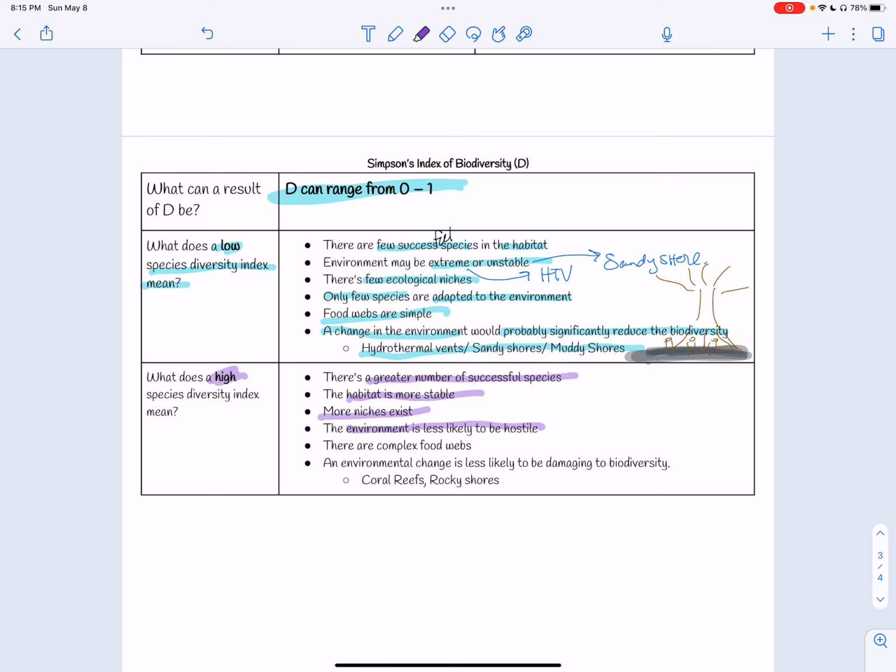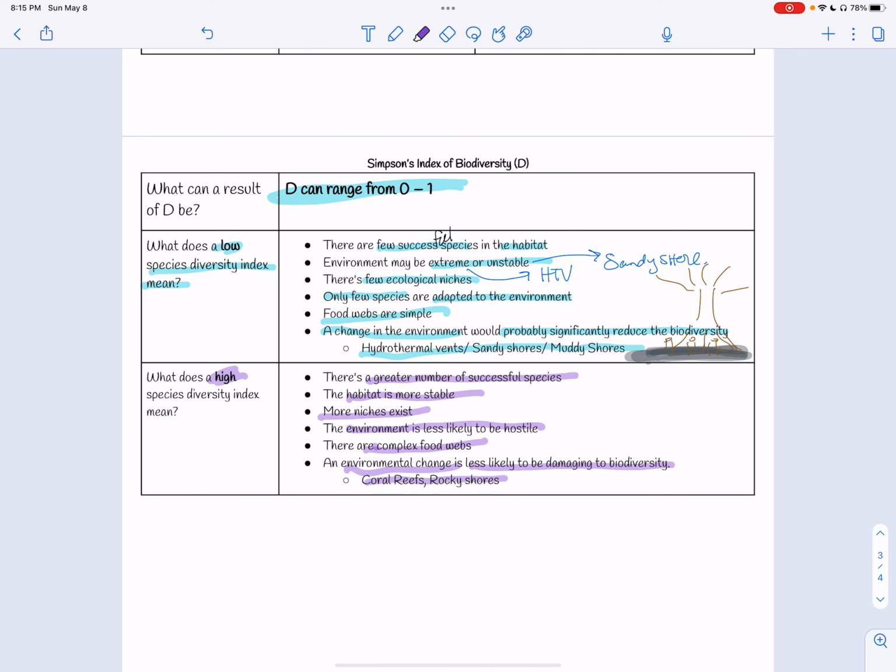So, like in an estuary or even a rocky shore tide pool, you can have highly fluctuating abiotic conditions. The food webs are going to be complex because there'll be a lot of organisms there. And if there is an environmental change, it's going to be less likely to damage the biodiversity because you have such an abundance of different species, and within those species, there are numerous amounts of them.